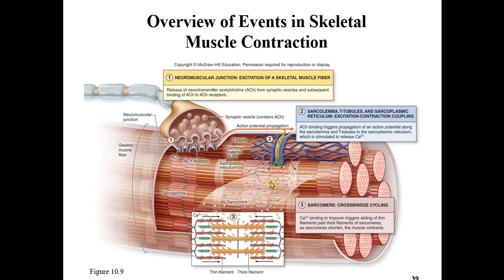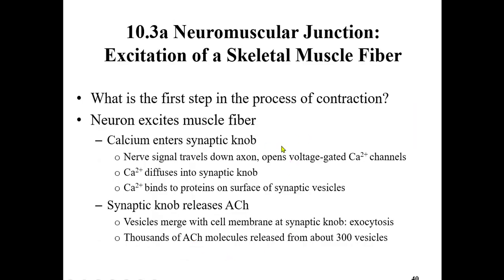And that calcium is going to come from the SR. So the SR is now releasing all this calcium into the sarcoplasm, into that open space. Okay, again, words that go with what we just said.